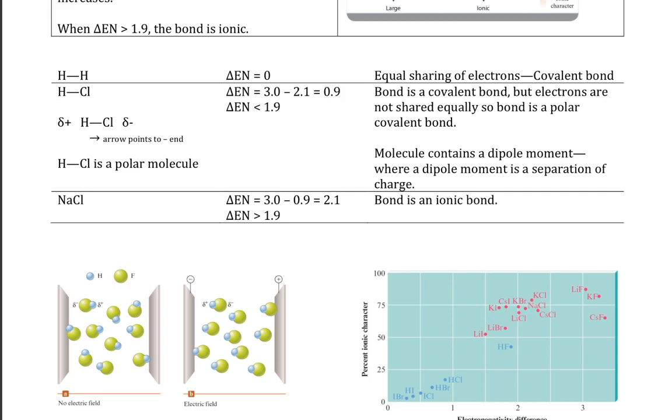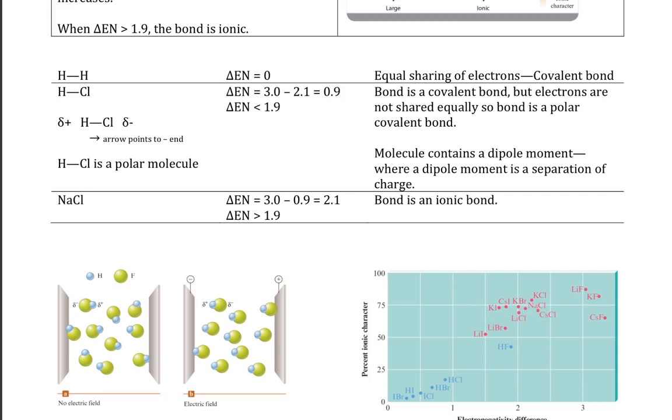And partial is often expressed, at least in this context, using the Greek symbol delta. And that's delta plus by hydrogen and then delta minus by chlorine. So this molecule has a covalent bond, but electrons are not shared equally, so the bond is a polar covalent bond. The molecule HCl contains a dipole moment.